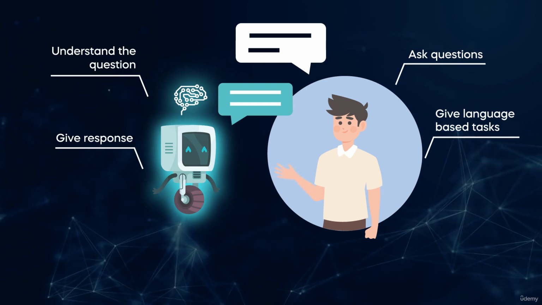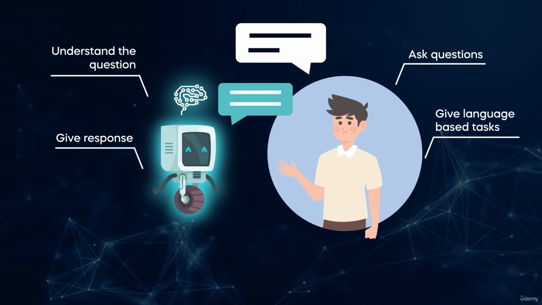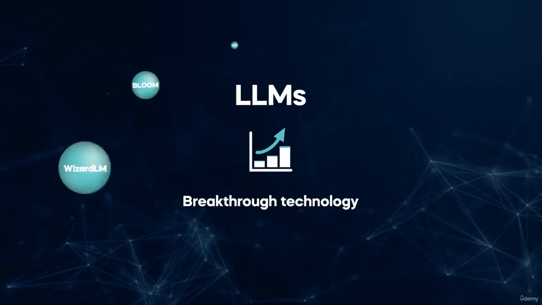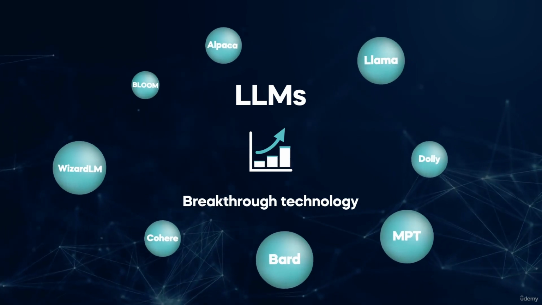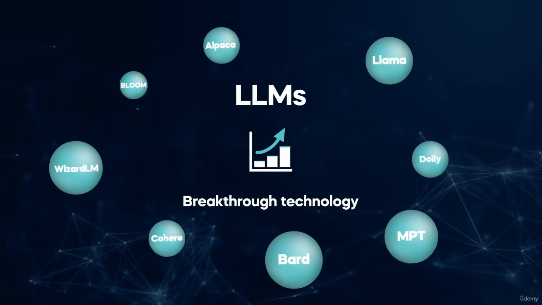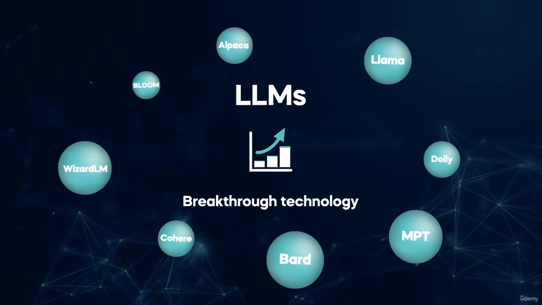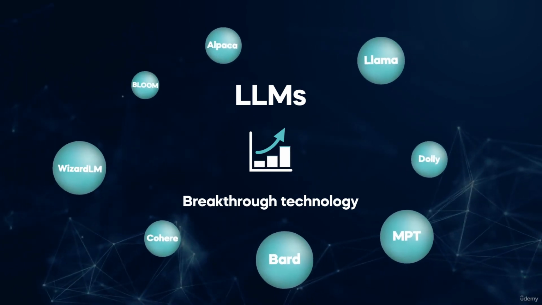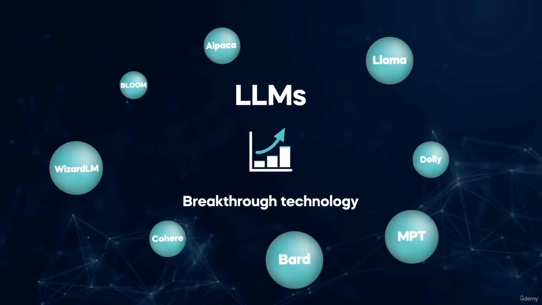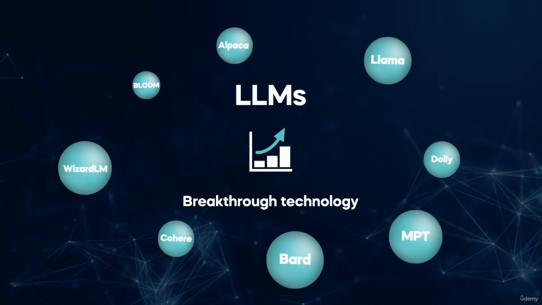Large language models represent a transformative breakthrough in the field of artificial intelligence and natural language processing. These models are a testament to the remarkable progress made in machine learning, enabling computers to understand and generate human language at an unprecedented scale and complexity.